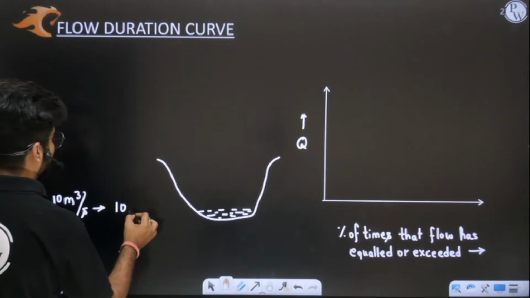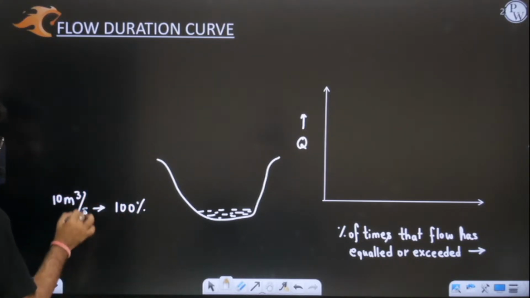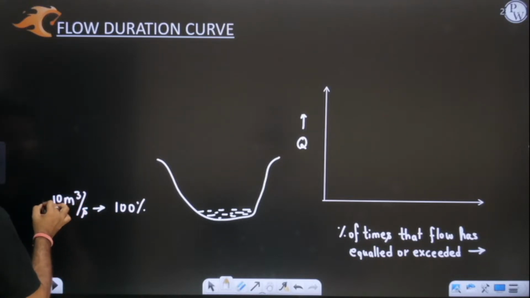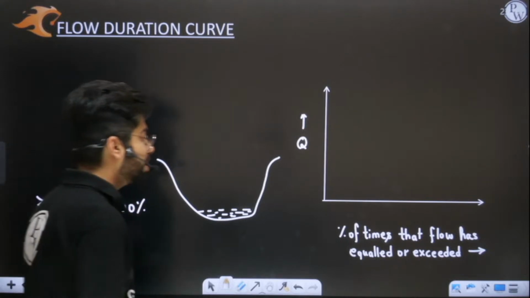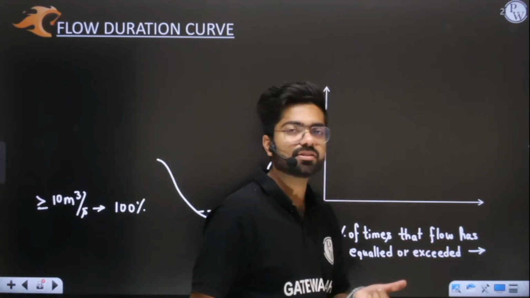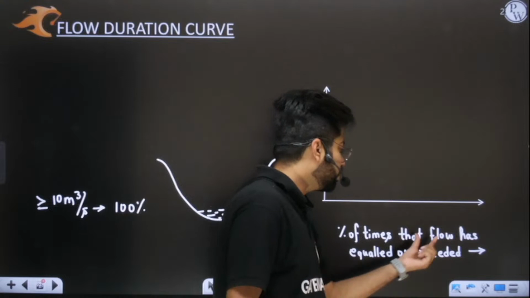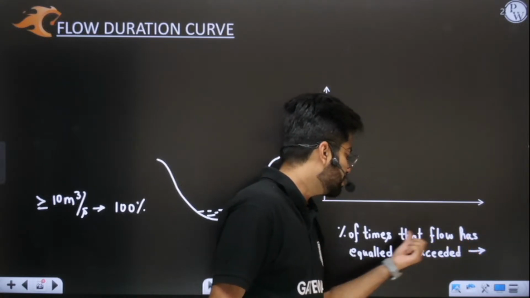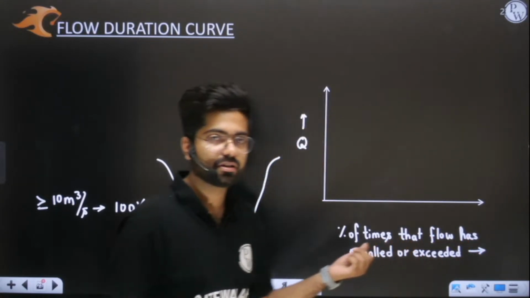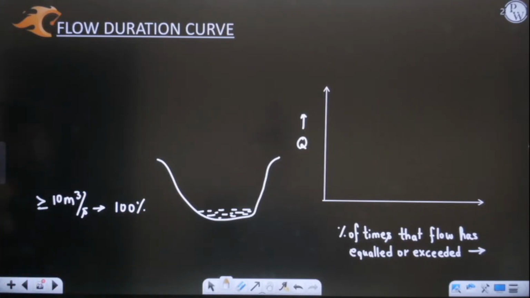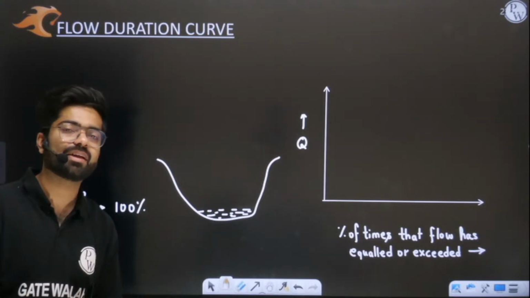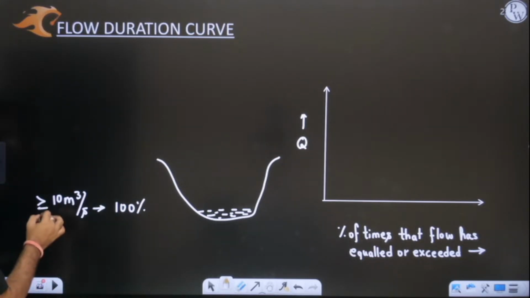So the probability of occurrence of discharge greater than or equal to 10 meter cube per second, where flow means discharge. In this river, how many times has 10 meter cube per second discharge equaled or exceeded?